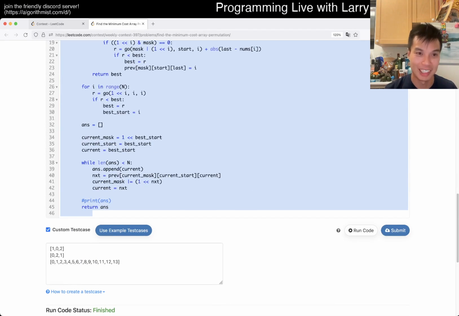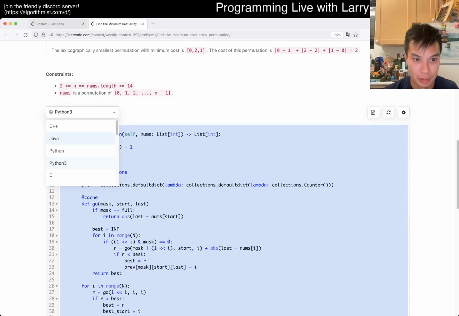I am going to ask ChatGPT to convert this to Java. Just because, yeah, I don't know.